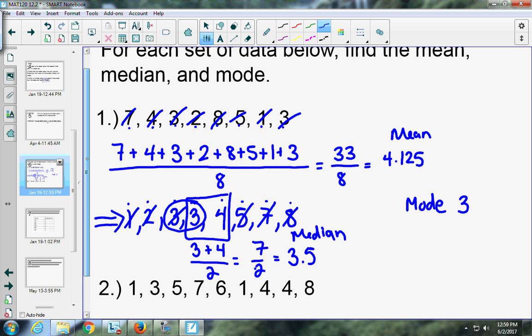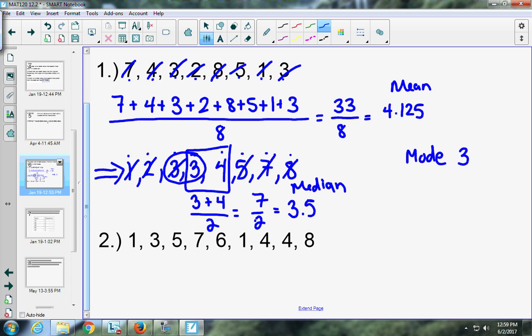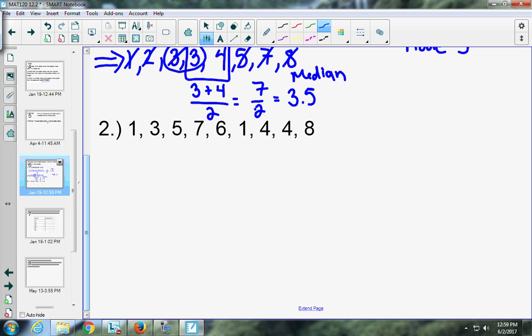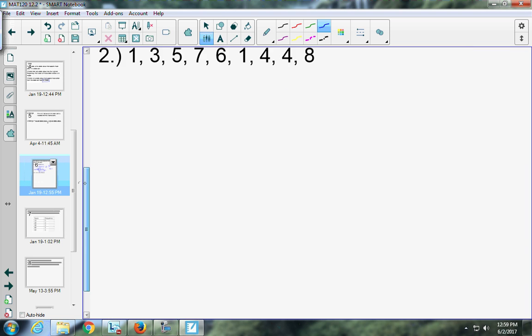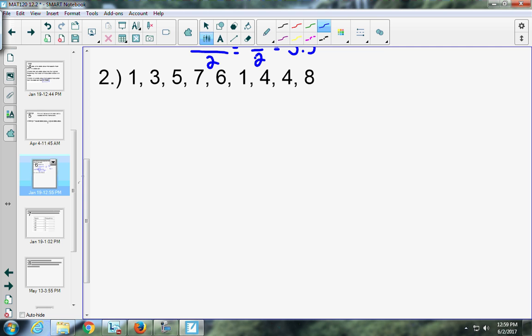If we look at this next set, number 2, we have 1, 3, 5, 7, 6, 1, 4, 4, and 8. If I'm trying to find the mean, I need to add all of them up.